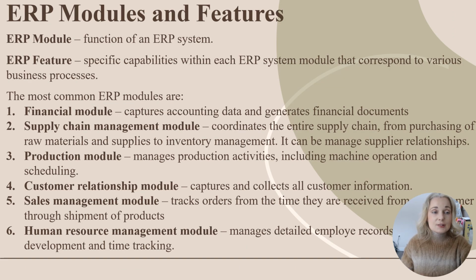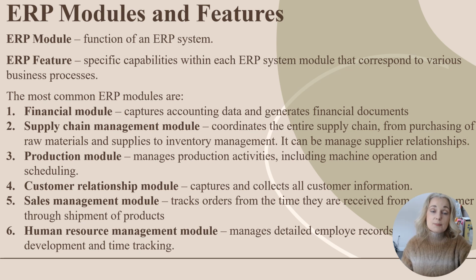Now that we understand what an ERP system looks like, let's learn more about its components. So an ERP module is a function of the ERP system, and businesses have the choice of choosing which ERP modules they utilize. Standard systems like SAP and Oracle have a lot of modules available, and they can be customized to the business.